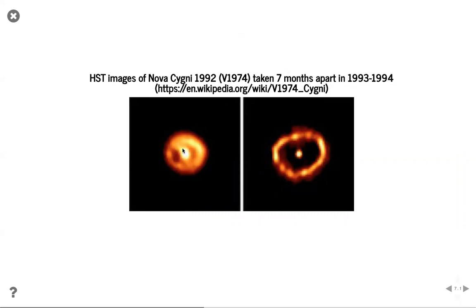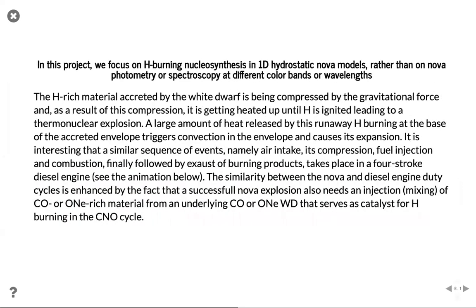This is the first image, and the image on the right was taken 7 months afterwards. And you can see that we indeed see the expansion of this nova ejecta envelope, which was caused, as I explained to you, by a thermonuclear explosion. Okay.